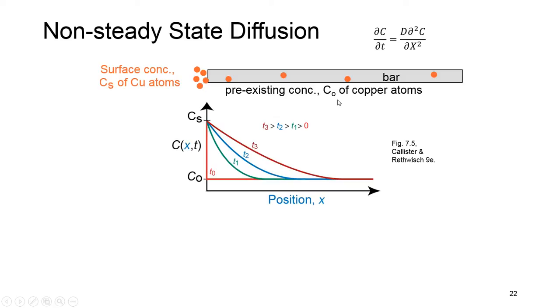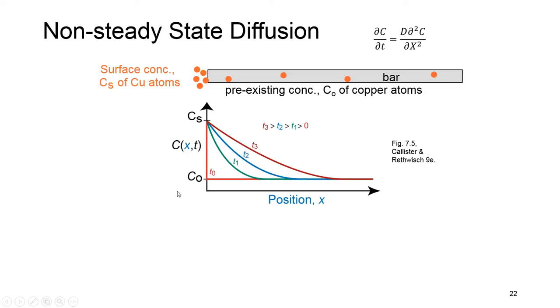Here, for all values of x from 0 to infinity, the value of C is equal to C0 at t equal to 0. The first or the pre-existing value of concentration is the same for all values of x, so we can write down at t equal to 0, C is equal to C0 for the whole range of x from 0 to infinity.